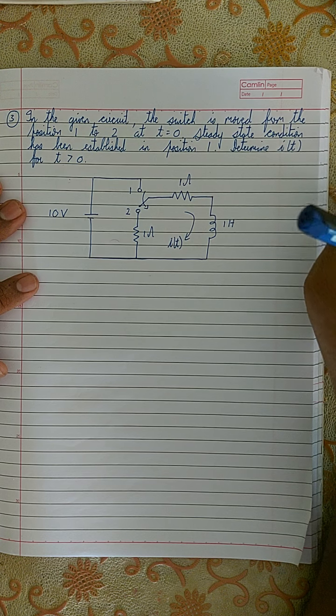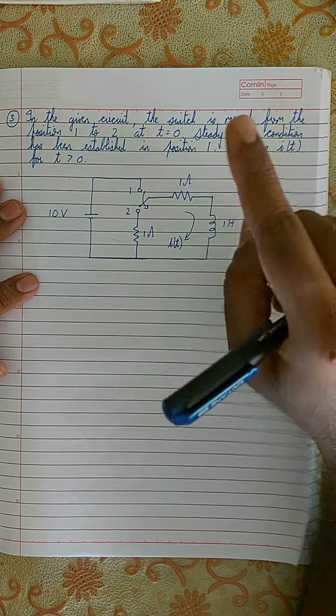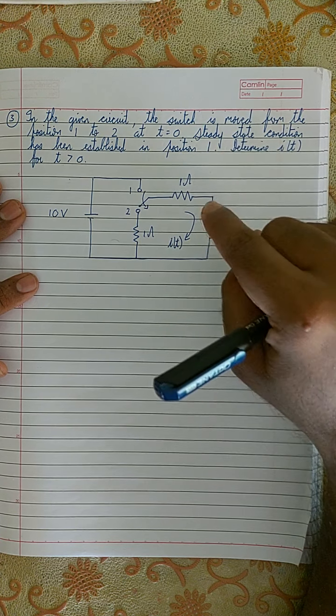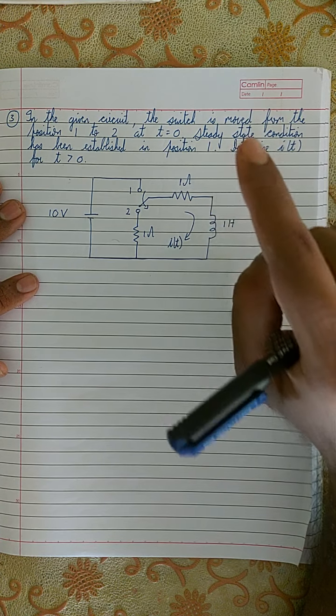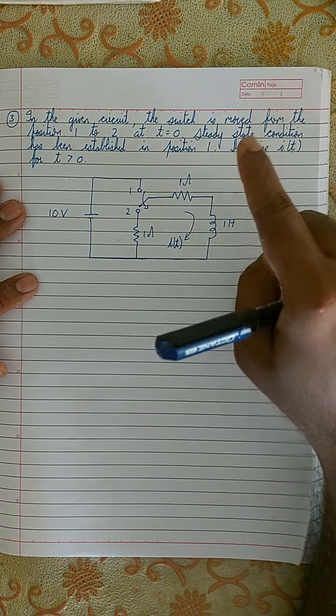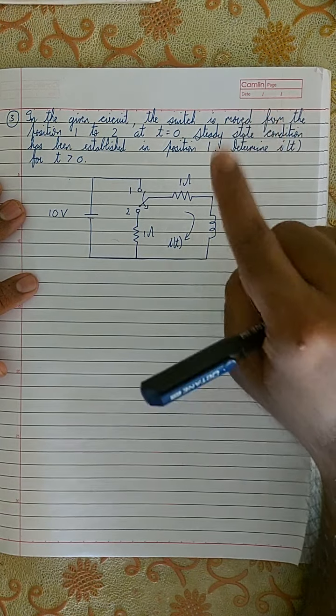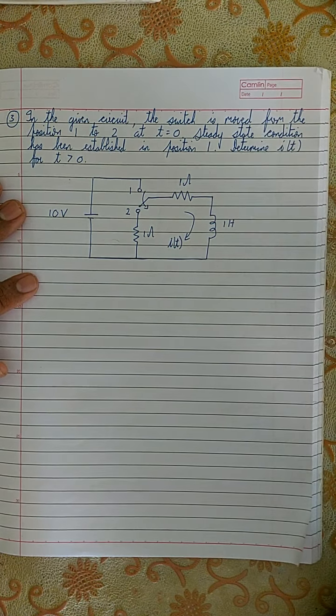The circuit you use for finding the initial conditions is exactly the one where the steady state condition is in place. So you need to understand in which circuit there is the steady state condition, and from there you can find the initial value.